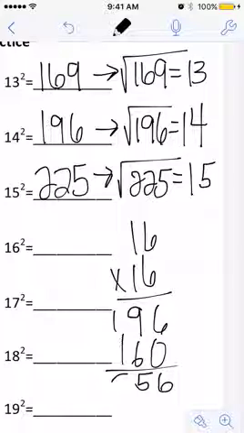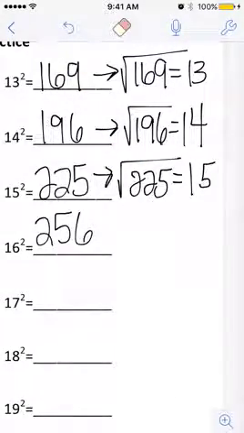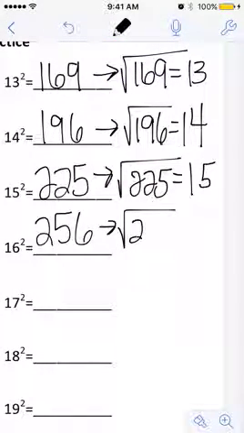Let's see, 6 times 6 is 36, that's 9. So 256, and I'm going to go back and erase. The square root of 256 is 16.